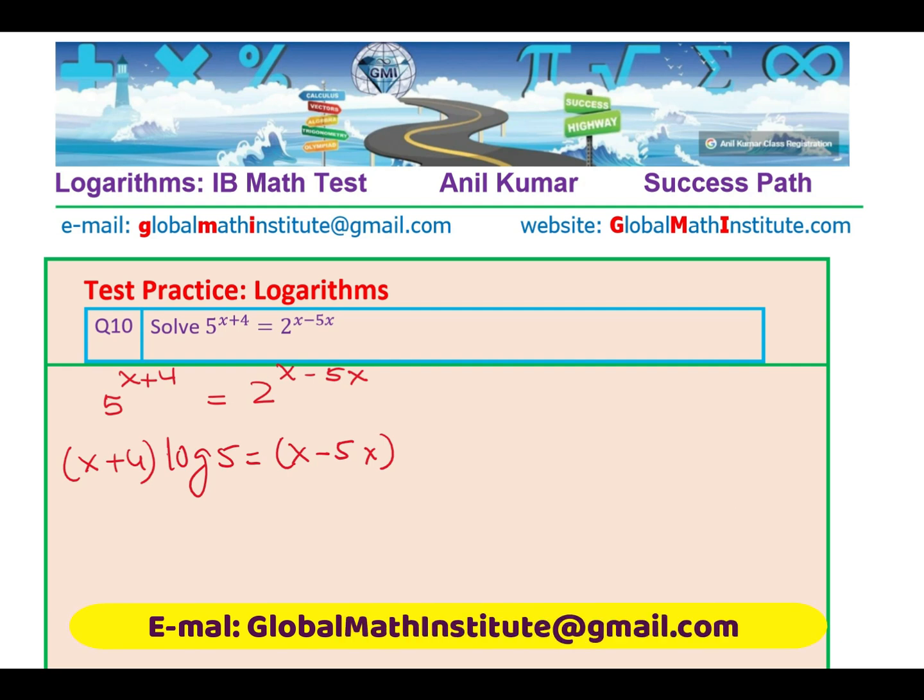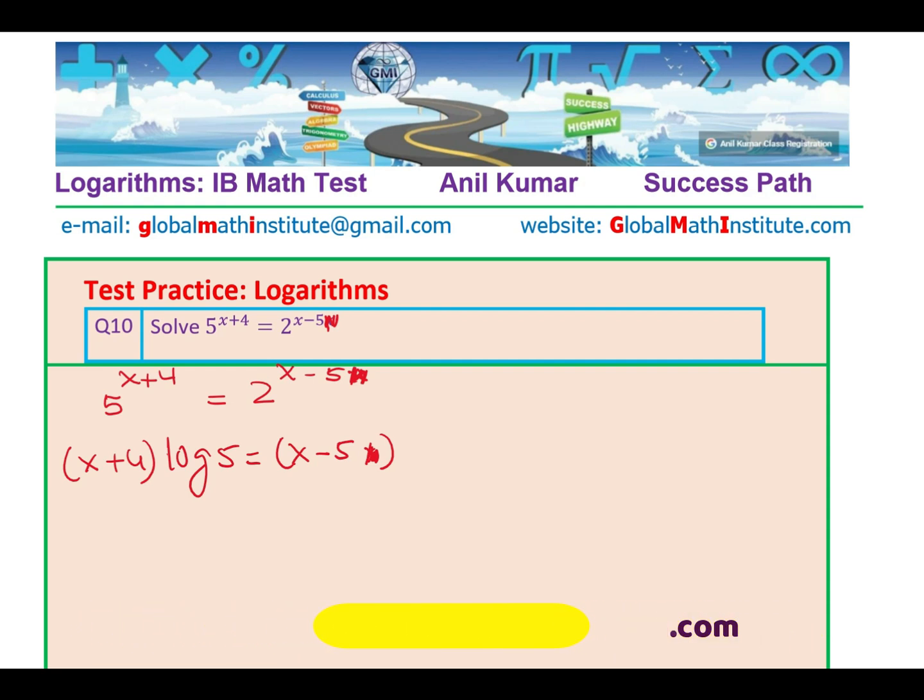X minus 5x, we know it's minus 4x. Okay. So there we go. We got log of 5. So we can rewrite this. Actually, let me correct it. I think it was 2 to the power of x minus 5. So I'm making a correction here. I'm making the exponent x minus 5. Okay. Now let's see if it makes sense.